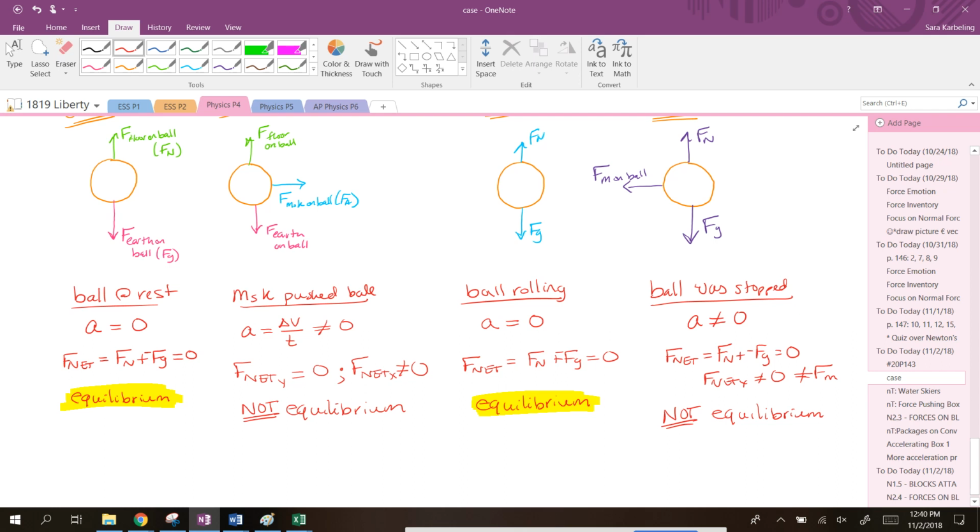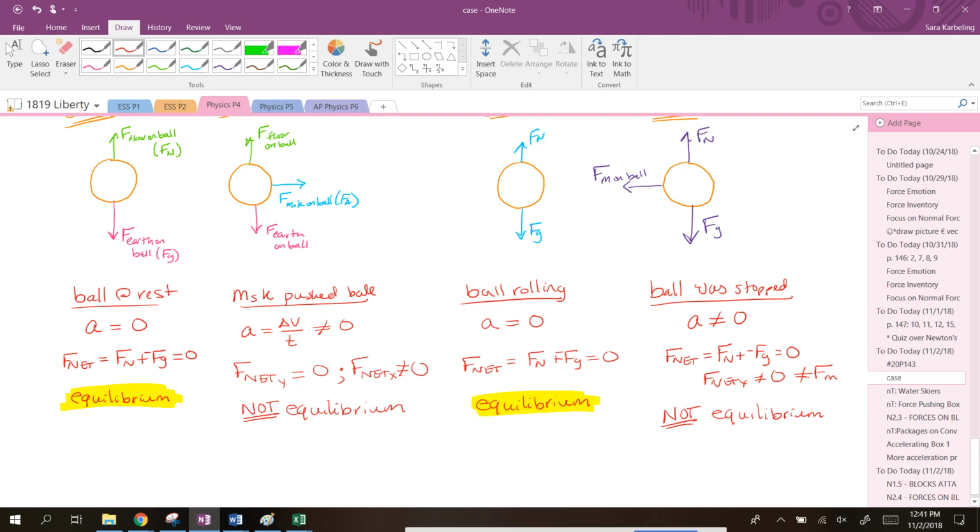Like case A, right? And then she could push it, and we'd just bounce it back and forth and back and forth. And then we could just go on forever. But the thing that's really important here: in cases B and D, the ball is not in equilibrium, and the ball is accelerating.